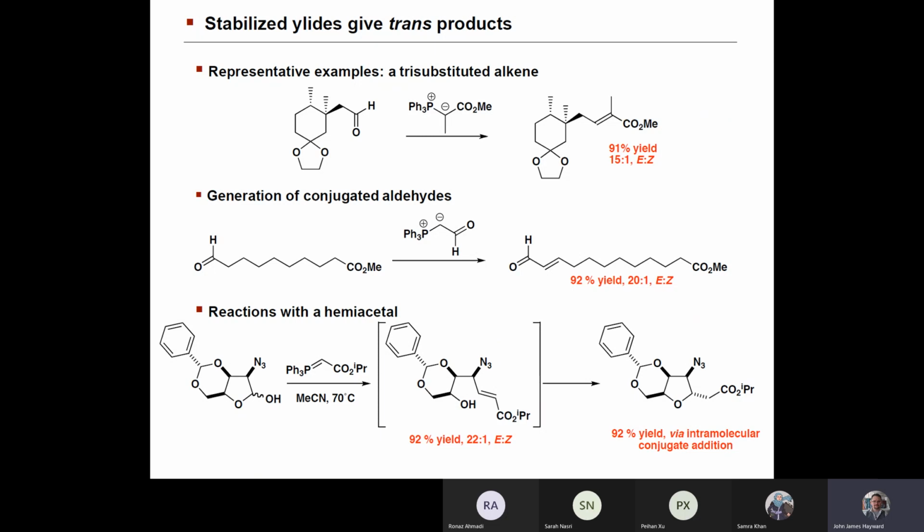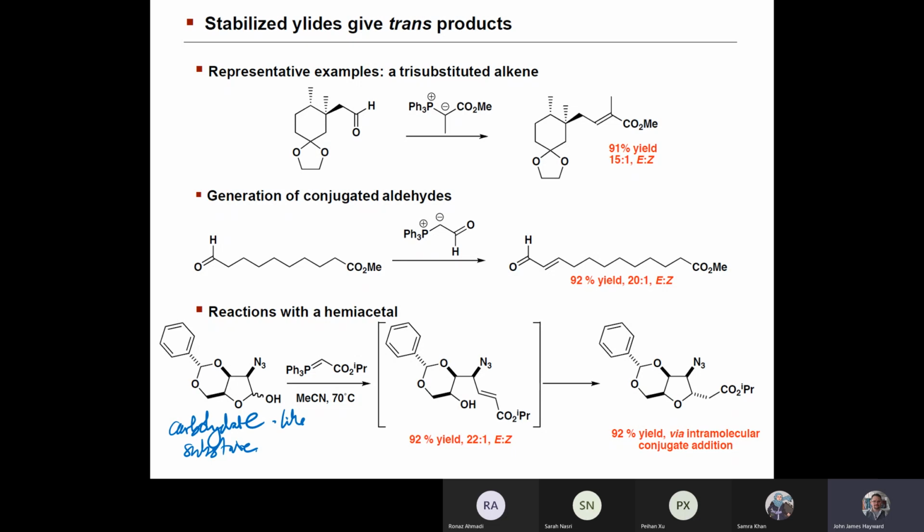Okay, so here's some examples of some Horner-Wadsworth-Emmons reactions. This is obviously a carbohydrate-like substrate.